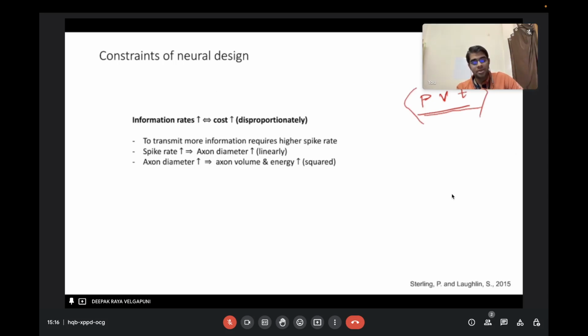Similarly that applies to the brain. So one of the keys to design is to send only information that is needed. You don't want to increase your information rates disproportionately. So send only what is needed and as slowly as possible. At the same time you want fast propagation, that is true, but at the faster level itself as slowly as possible, so that your information rates are optimal and do not increase the cost disproportionately.